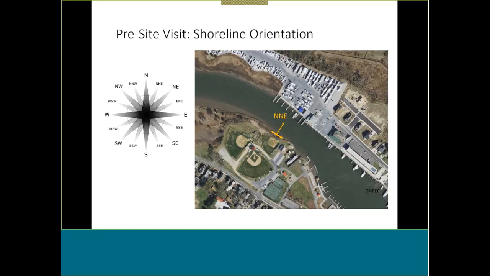So if I draw one line along this 115-foot section of shoreline, I can say that the general orientation is north-northeast. This is going to come into play when we're looking at a couple other parameters like wind, which we know drives waves. If we have an exposure to a predominant wind vector, then we know that wave energy may be enhanced at this shoreline.